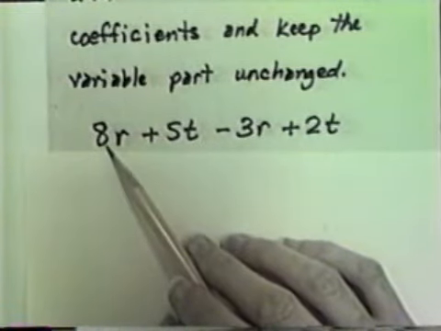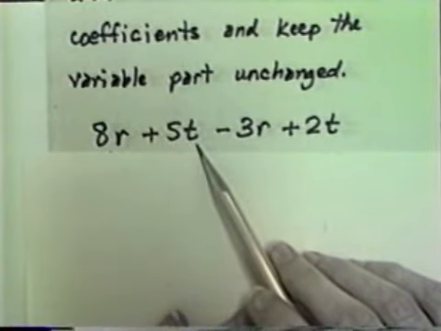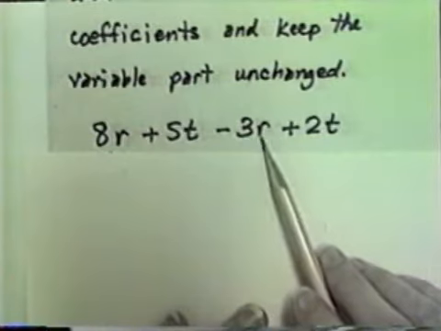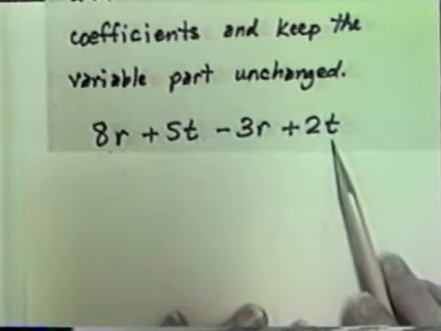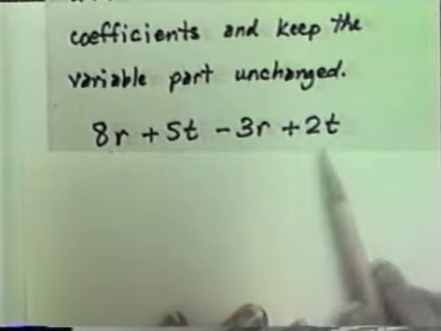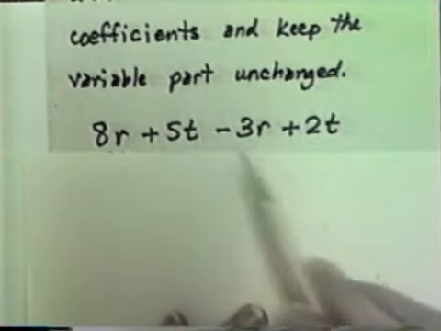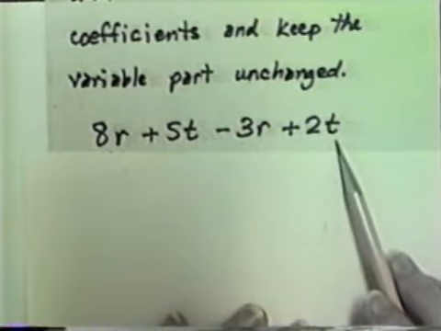Let's say that we pick up 8 rose bushes and 5 bags of tulip bulbs, but then realize that without a sunny location we can't plant very many rose bushes in the yard, so we'll put back 3 of the rose bushes and pick up 2 more bags of tulip bulbs. 8 rose bushes plus 5 tulip bags, subtract 3 rose bushes, add 2 tulip bags. So how many of each have we got?